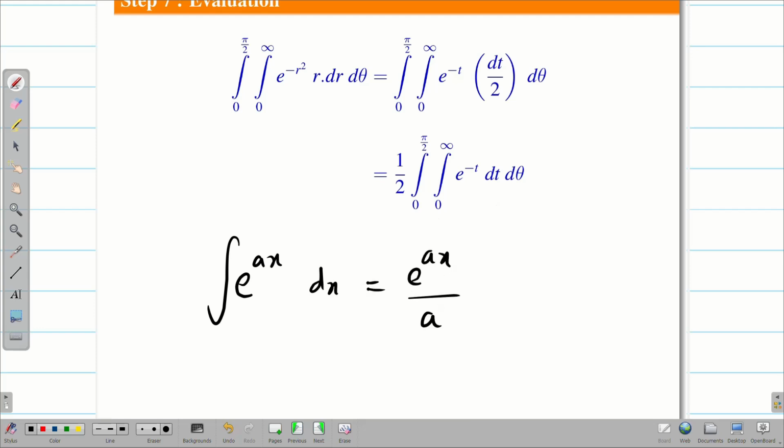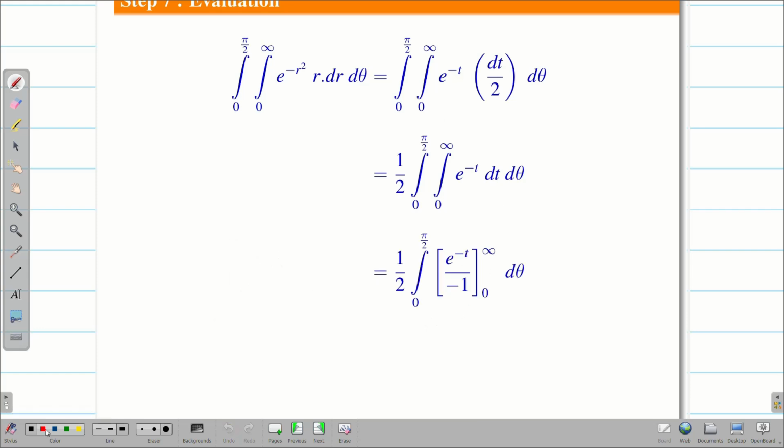So the integration of e power minus t is e power minus t by minus 1. And we know the standard result, e power infinity is infinity, e power minus infinity is 0. Now substituting the upper and lower limits, we get e power minus infinity minus e power 0. So e power minus infinity is 0. e power 0 is 1. We have this minus 1 outside. So minus into minus is plus.